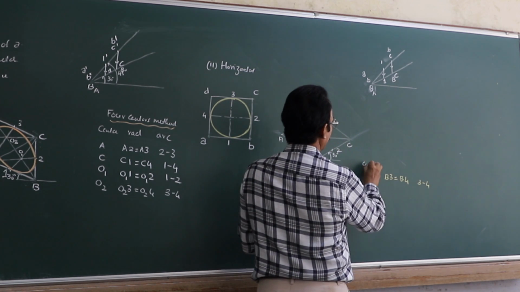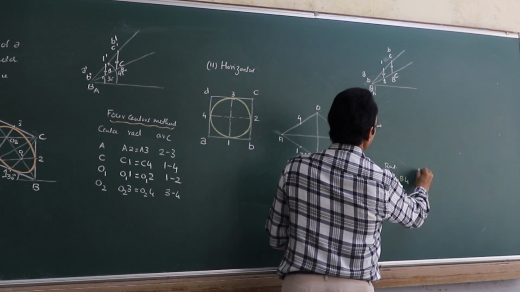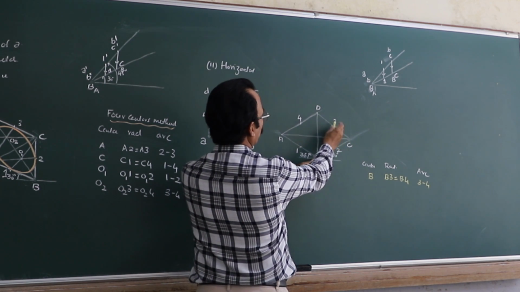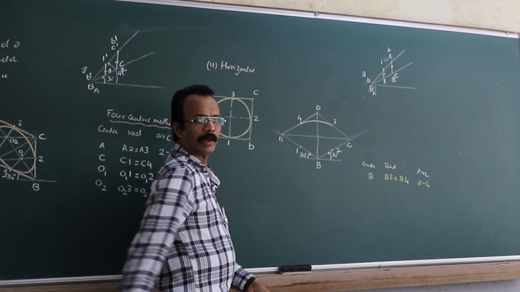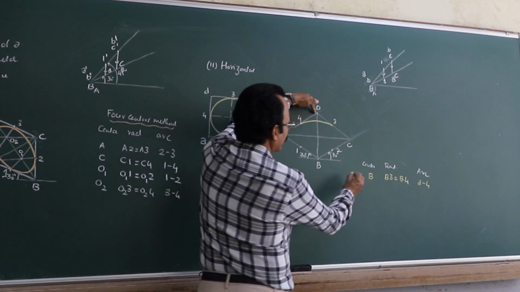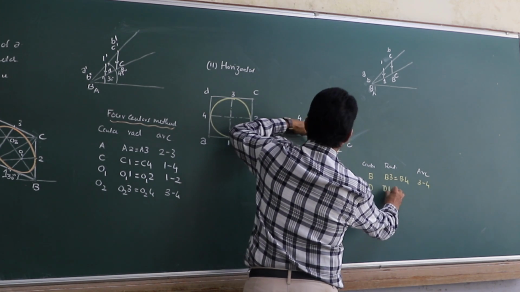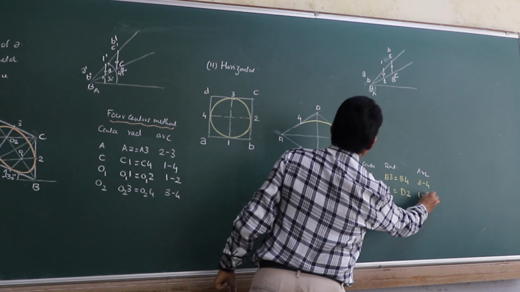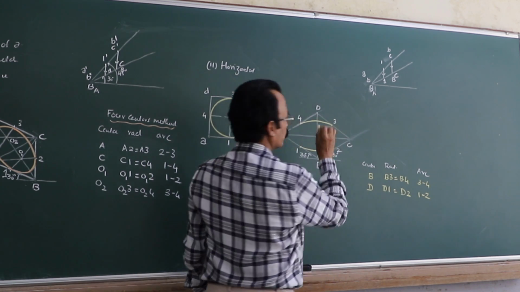So this is your center, this is your radius, and this is your arc here. With B as center, with the help of your compass, draw the arc 3, 4. Now, take the other end of the shorter diagonal, that is D, as center, and opposite midpoints are D1 equal to D2. Draw the arc 1, 2.